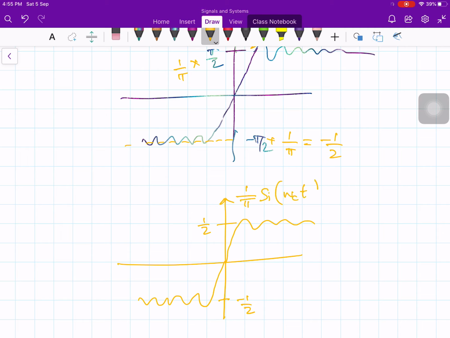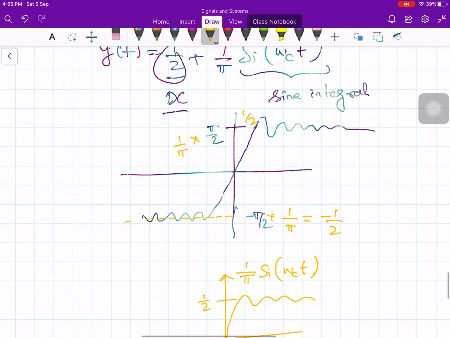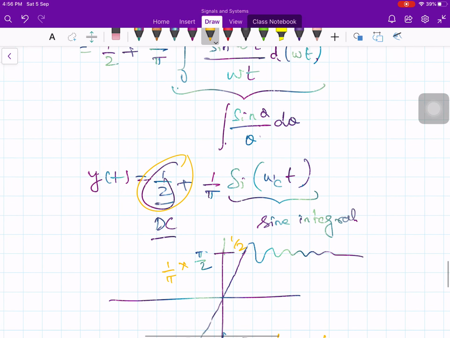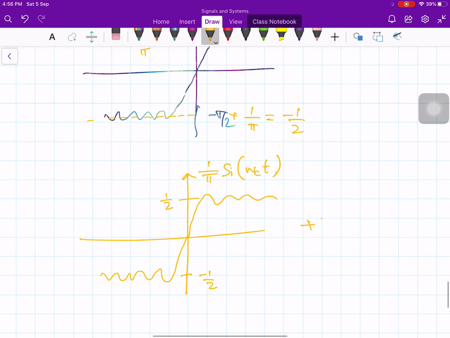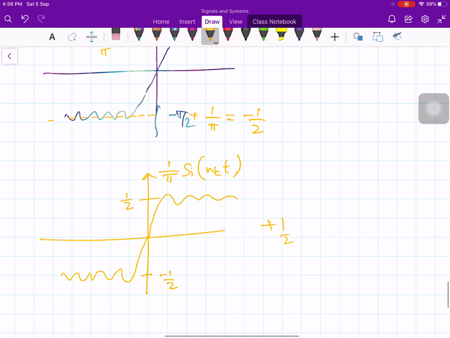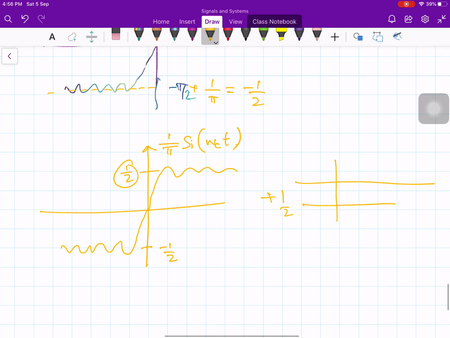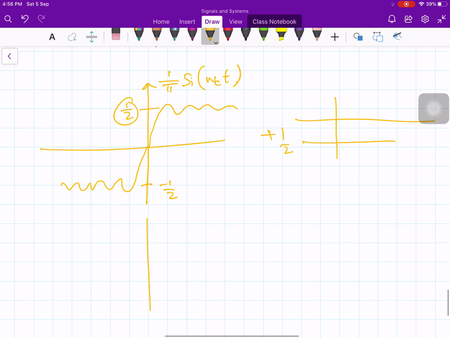Now with this we are adding 1 by 2. So add 1 by 2 with this. If you add 1 by 2, you are adding the constant value 1 by 2. Then what happens? Let me draw here, like this, 1 by 2. Now here this point is minus 1 by 2, and here this is plus 1 by 2.